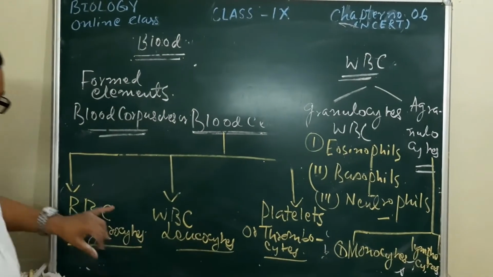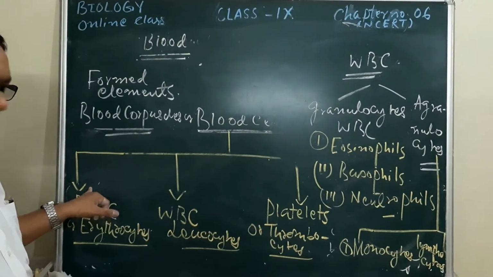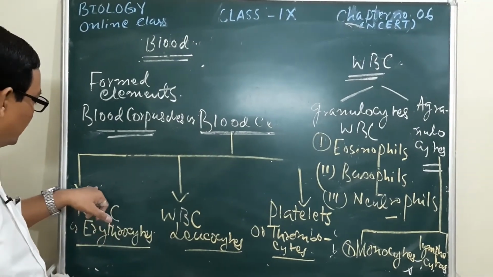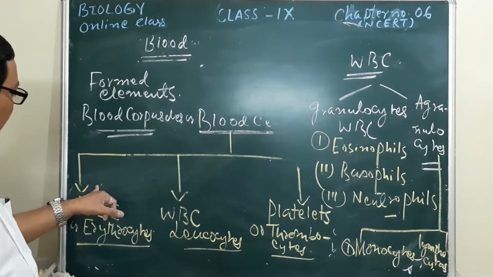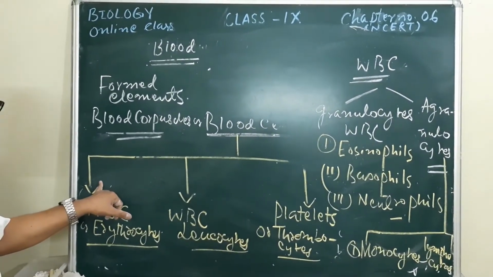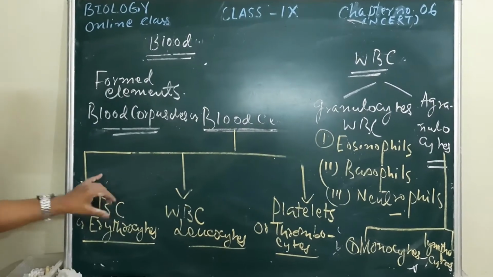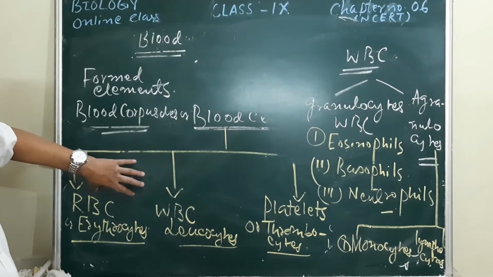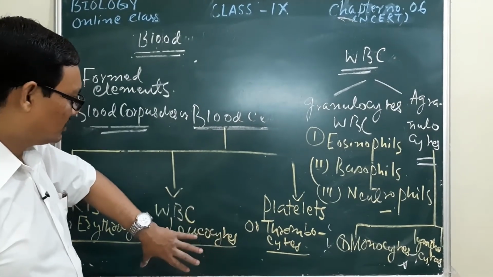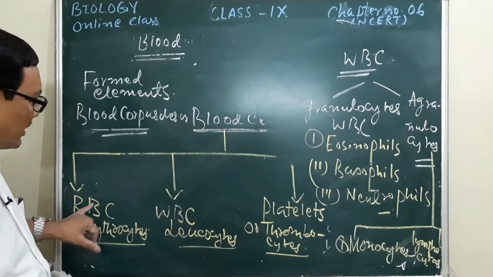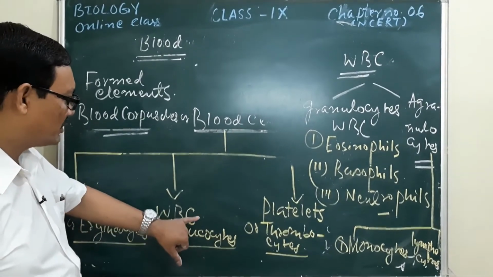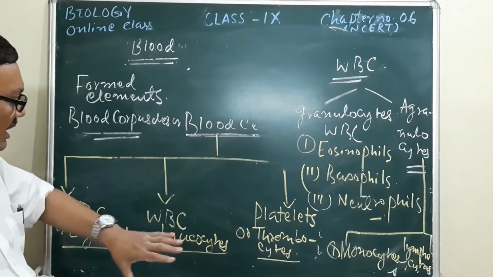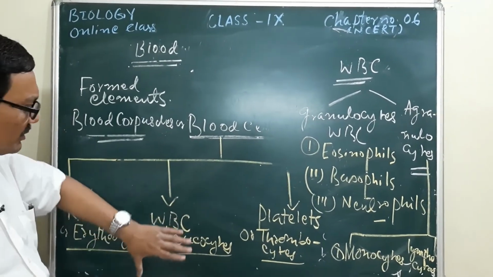If we are talking about the mammalian RBC, then it is non-nucleated and especially related with the transportation of oxygen, because there is a presence of a respiratory pigment that is called hemoglobin. WBC, the white blood corpuscles, is of amoeboid nature; there is no definite shape of the cell.